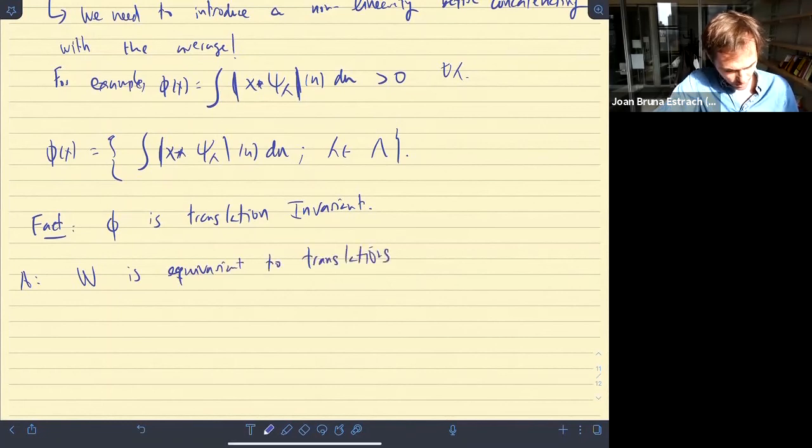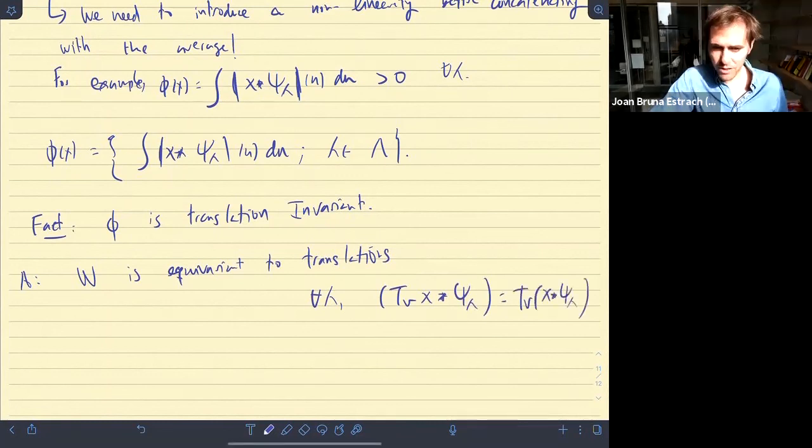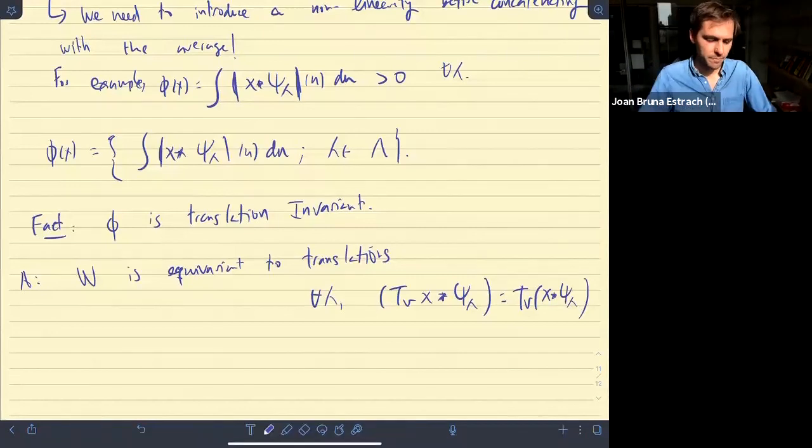In other words, for lambda, the translation of x convolved with any wavelet is the same as the translation of x with the wavelet. Just by definition of a convolution.